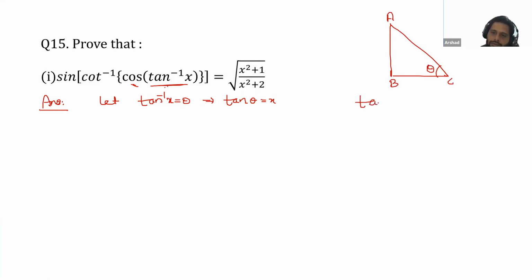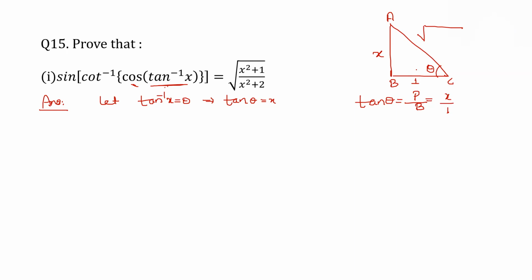Now, what is the tan theta? Tan theta is perpendicular by base. And this is equal to what in this case? X by 1. So that means this perpendicular is X and this is 1. Now, who can tell me what is the hypotenuse in this triangle? This is the last question, okay?